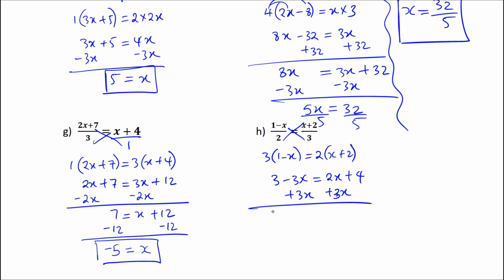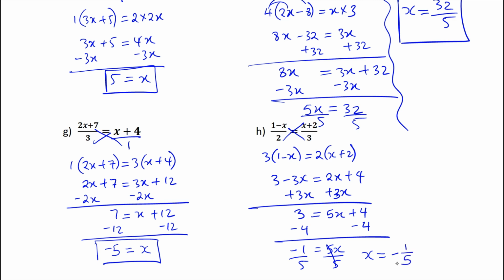So you'll be left with 3 will be equal to 5x plus 4. Subtract 4 from both sides. So you'll end up with negative 1 will be equal to 5x, which implies that x, if you divide by 5, so x will be equal to negative 1 over 5. And that will be your solution.